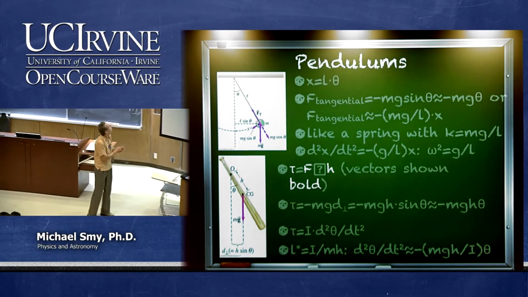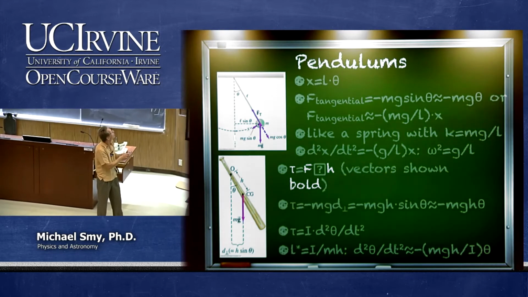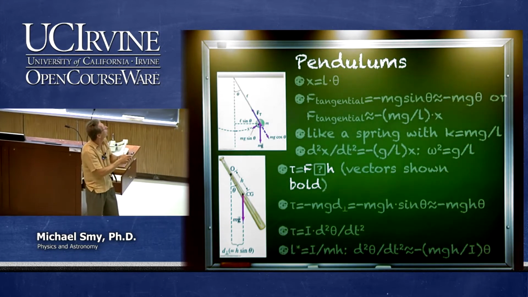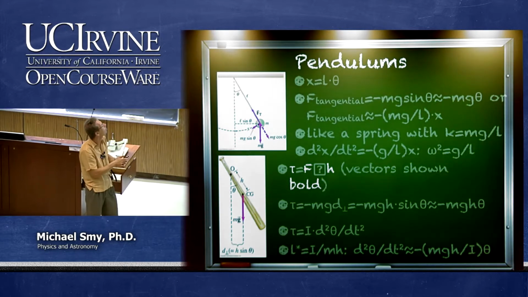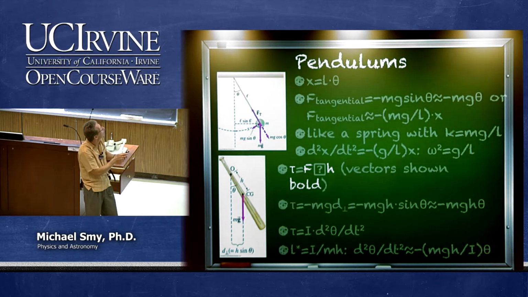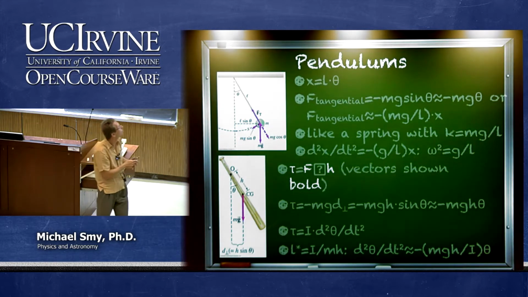So if we make a sketch of this, so here is the lead weight, that's the string, it has some length L, and we deviate it from the vertical position by a small angle theta. Because this is a perpendicular triangle, this projection x is L times the sine of this angle theta.